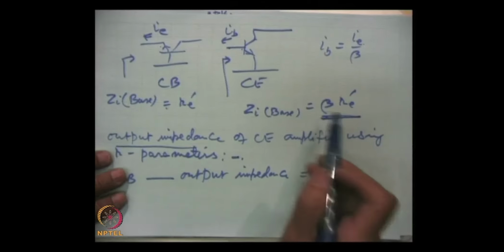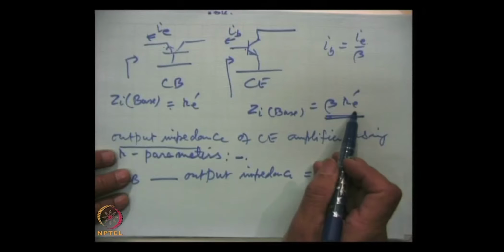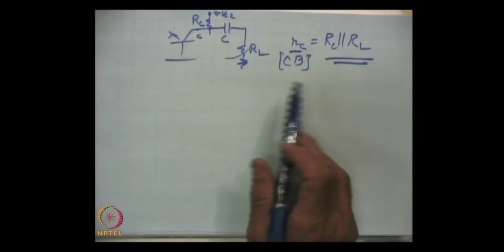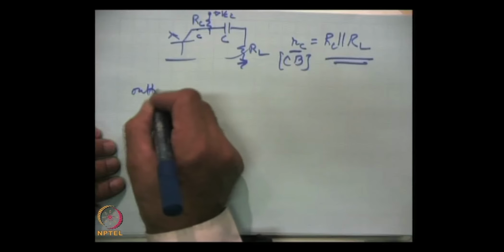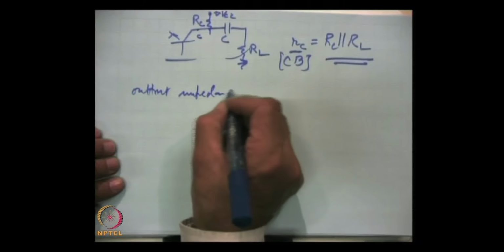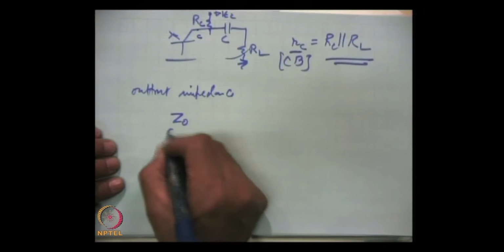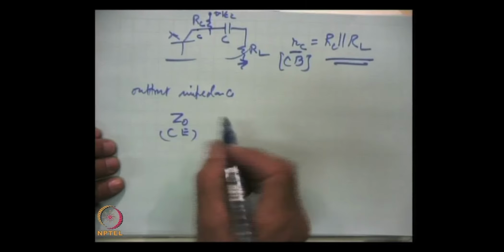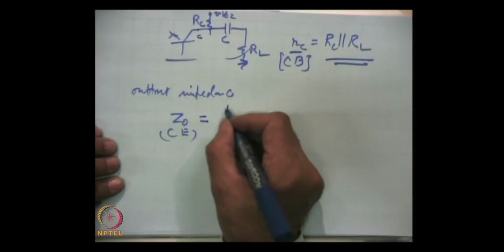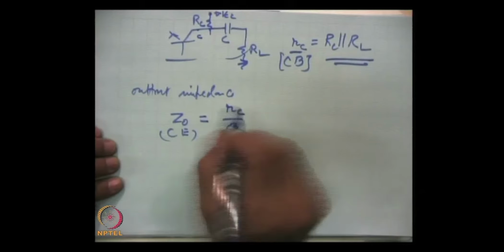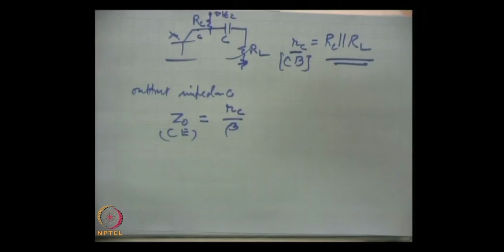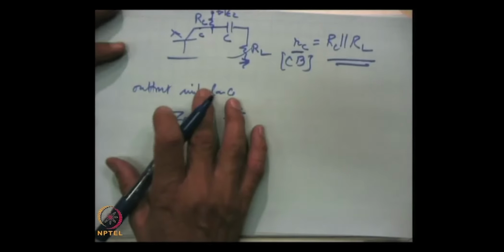Now, as the input impedance is beta times r_e prime, the output impedance Z0 in the CE amplifier is divided by beta, so this becomes RC by beta. Should I repeat? I think I should, because we can analyze it, but the analysis runs into complicated stuff, and we can use a simpler approach.